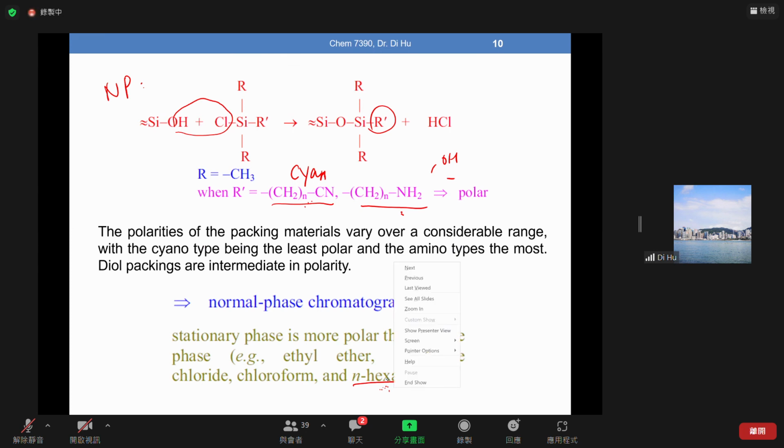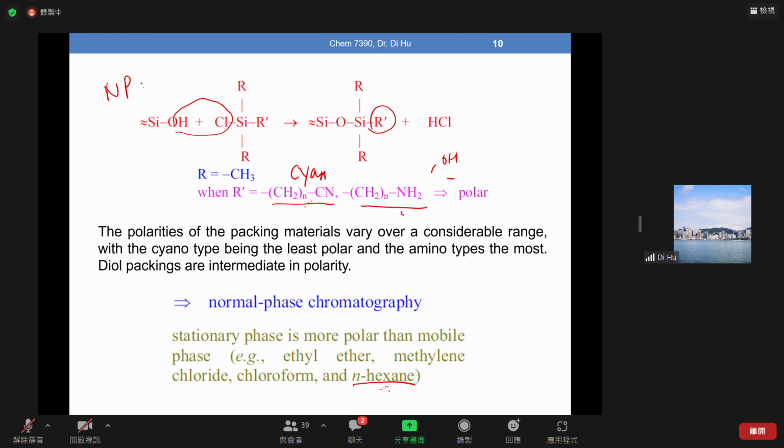The reason is hexane is very non-polar, and water is the most polar one. Water is more polar than any of the polar functional groups we mentioned just now, even more polar than the carboxylic acid group. Later, when we talk about the polarity index, we will see that.